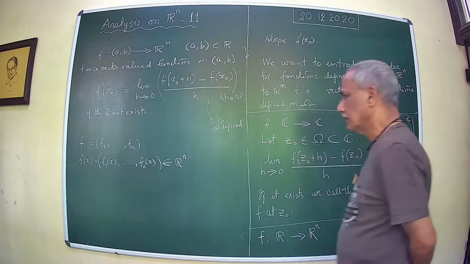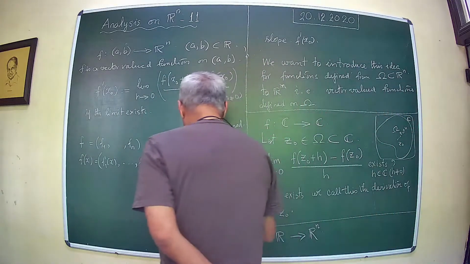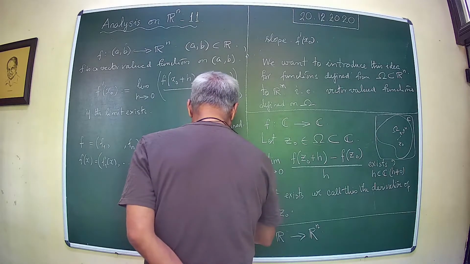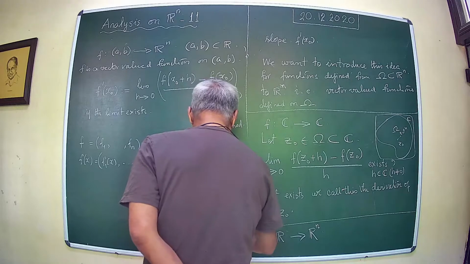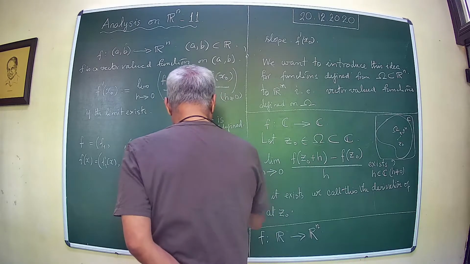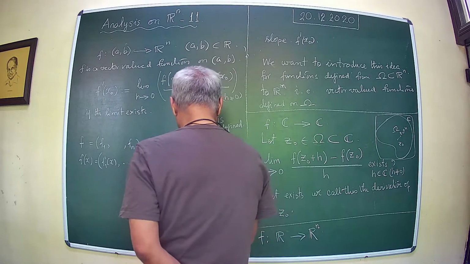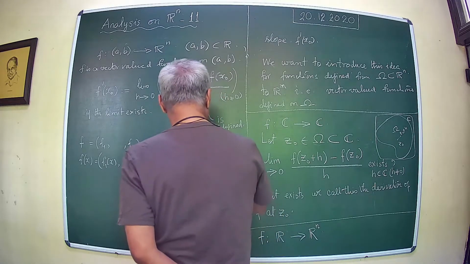Okay. So it's a map from the interval ab to R at some point. So this is x.